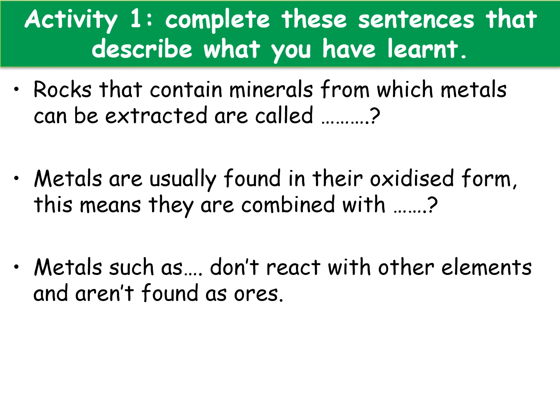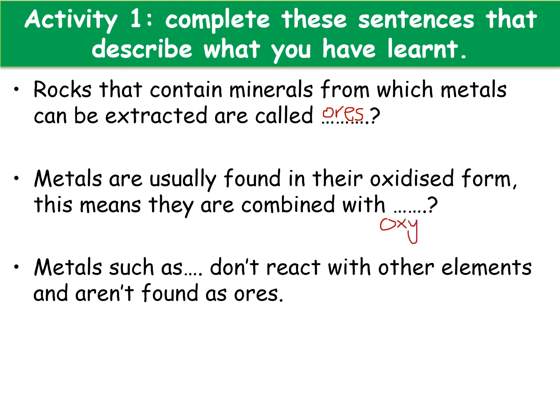Okay, so our top one here, rocks that contain minerals from which metals can be extracted are called ores. So that's O-R-E-S. Hopefully your writing is tidier than mine. Metals are usually found in their oxidized form, which means they have combined with, I'm going to have to write this underneath because I haven't left myself enough space there, they're combined with oxygen.